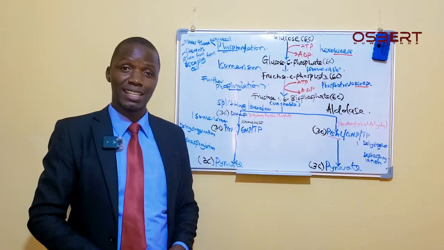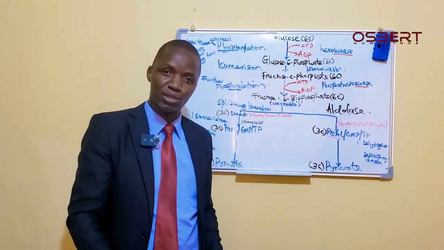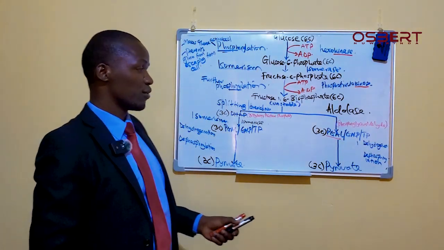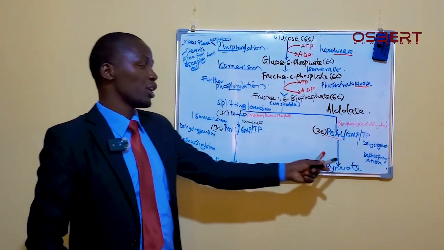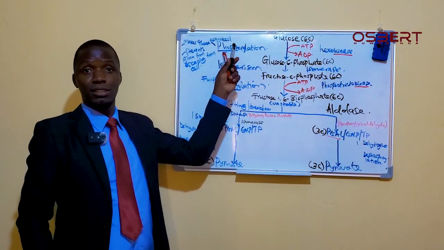So the question again is, what enables us to carry out dephosphorylation? What enables us to carry out dehydrogenation? Now, let me begin with dephosphorylation. Dephosphorylation is the opposite of phosphorylation.